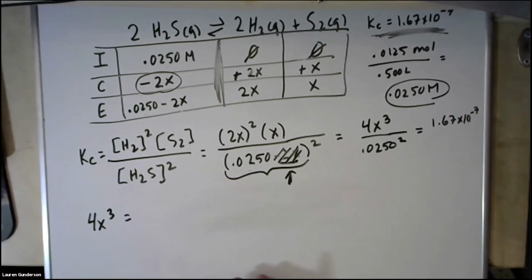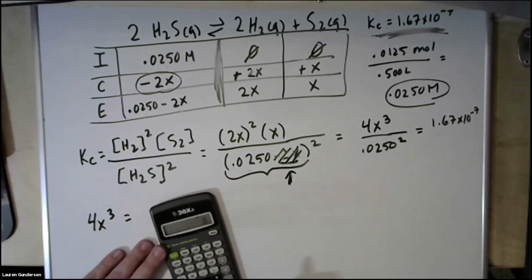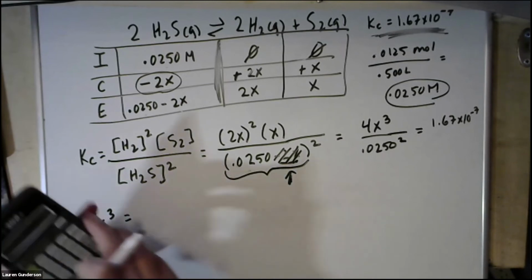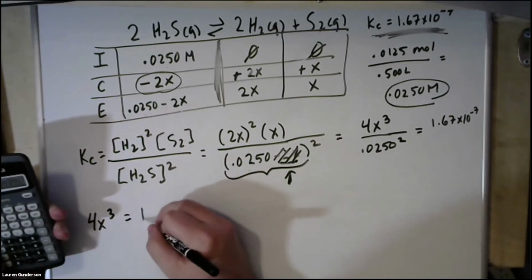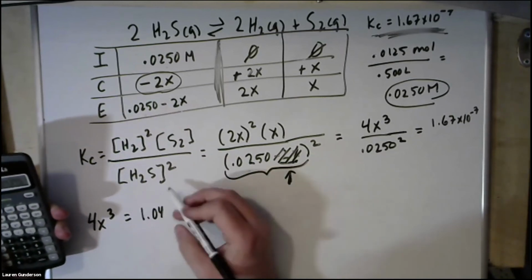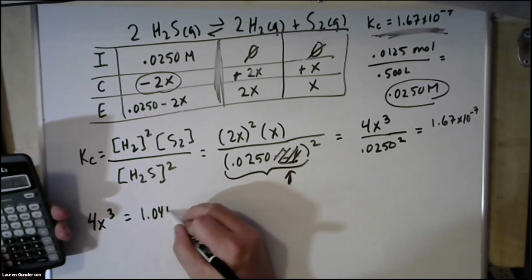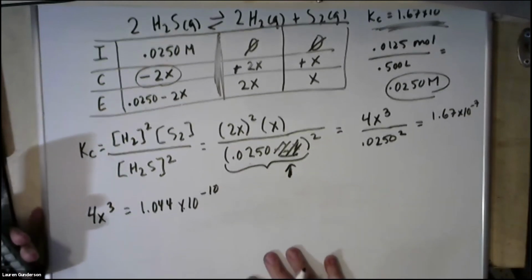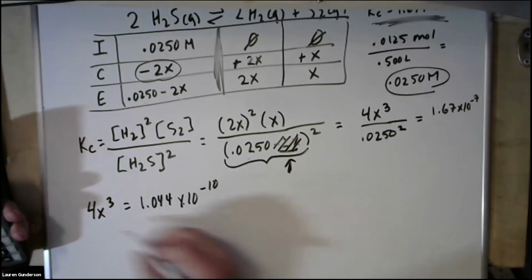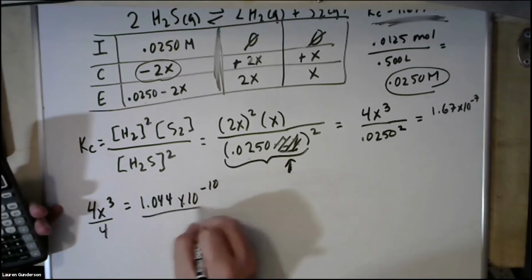So 4x cubed. Okay, I'm going to divide these values by 4.